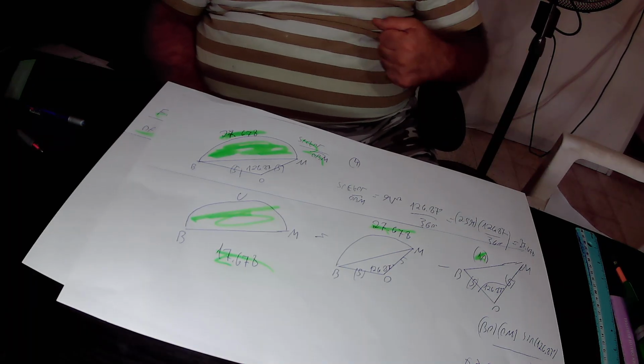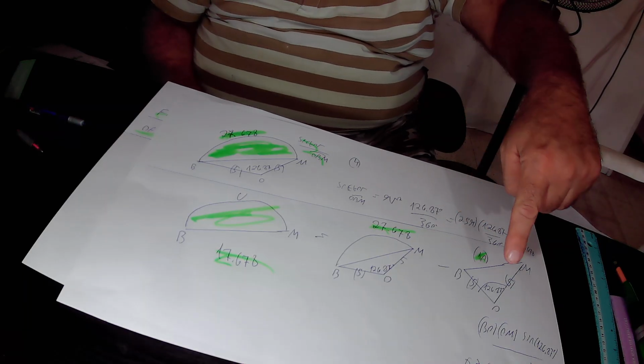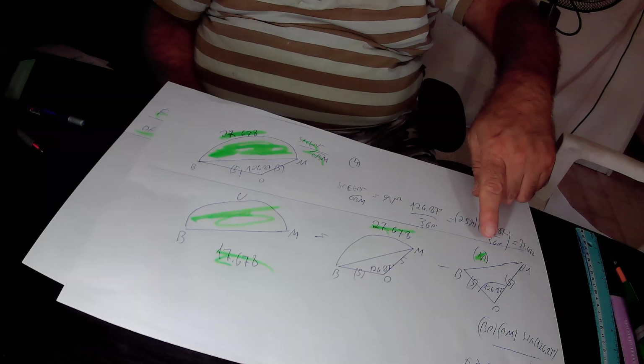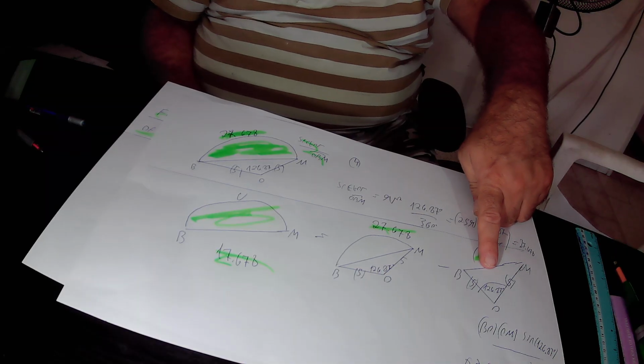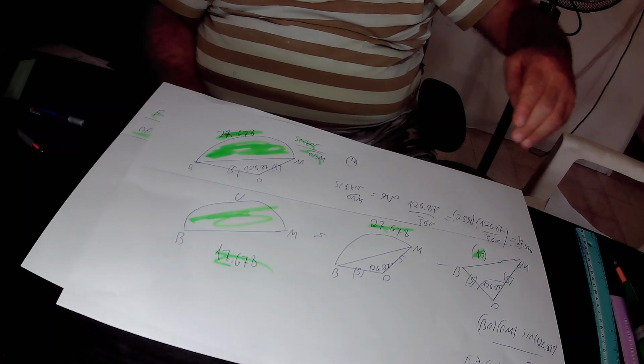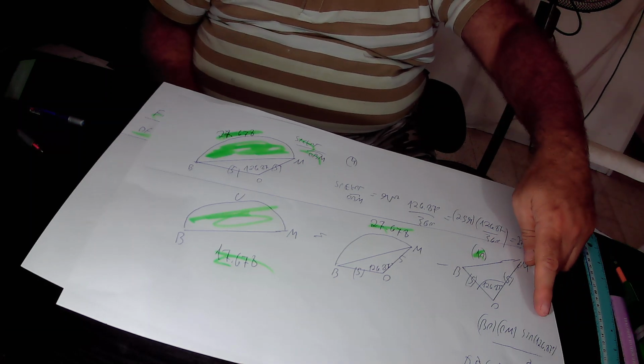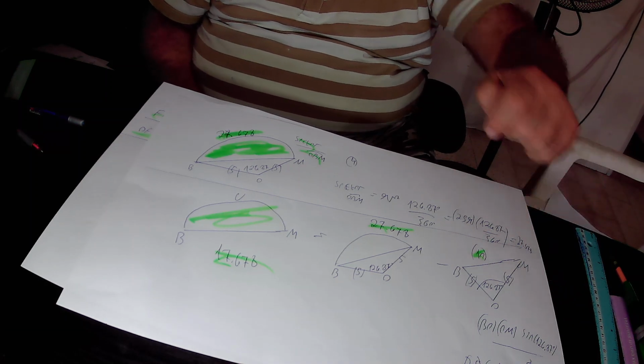According to the formula that I presented to you a couple of minutes ago, the area of this triangle BOM will be equal to BO times OM times the sine of the angle between the two sides, that is sine 126.87 degrees, over 2.